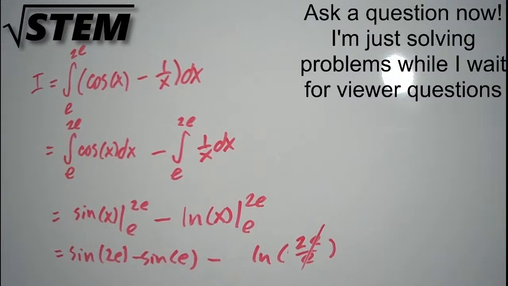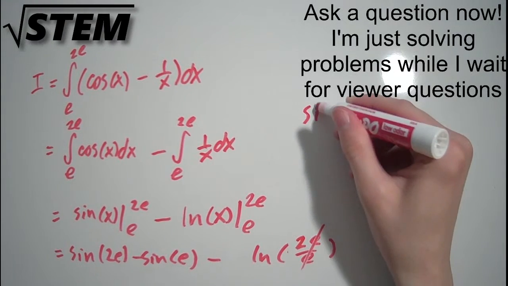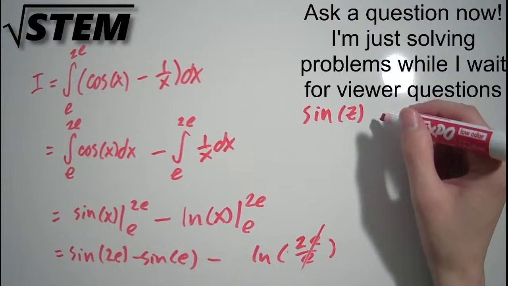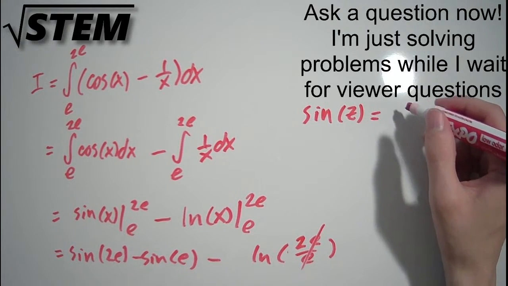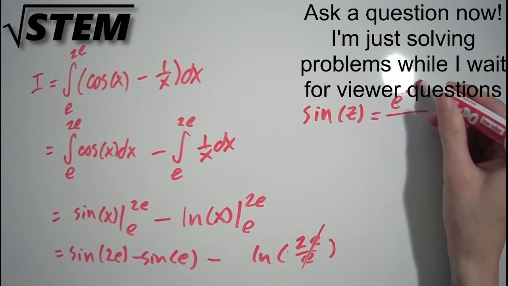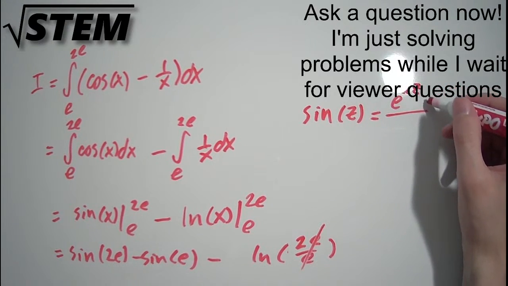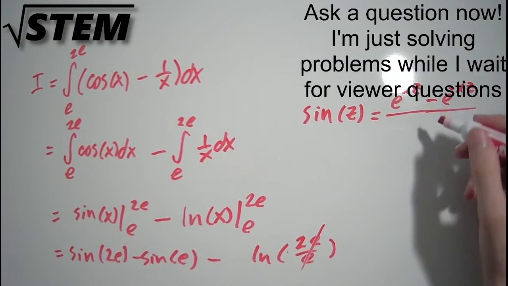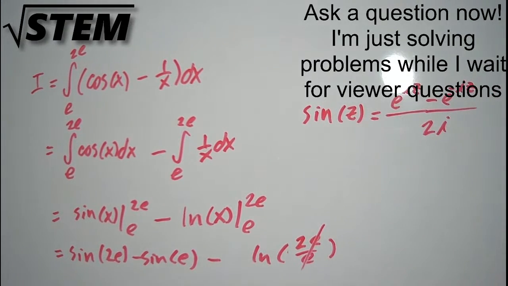Because sine of any real or complex number z is (e to the i times z minus e to the negative i times z) all divided by 2i.